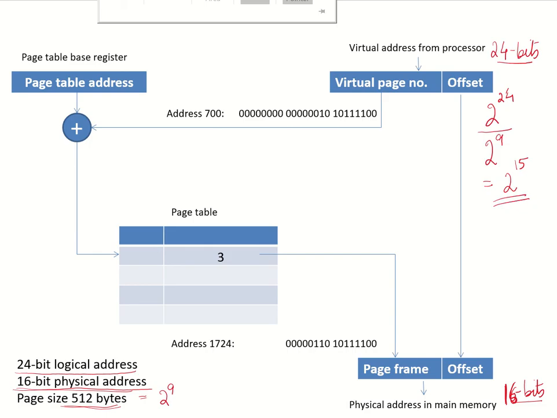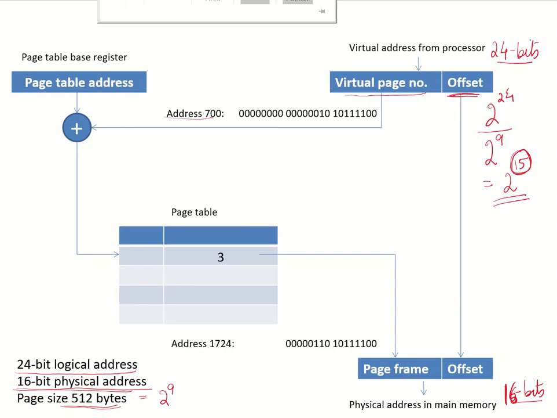That means 15 bits would be required to specify the virtual page number, and 9 bits would be required to be interpreted as the offset within a page.